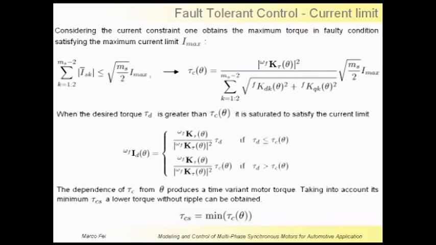From this constraint, one can obtain the maximum torque that satisfies the current limit, and so it is necessary to saturate the desired torque to this maximum value in order to satisfy the current limit, because the theoretical maximum number of faults that can occur in a multi-phase synchronous motor is ms minus 3. But in applying the proposed control, the current increases, so it is necessary to saturate its value.